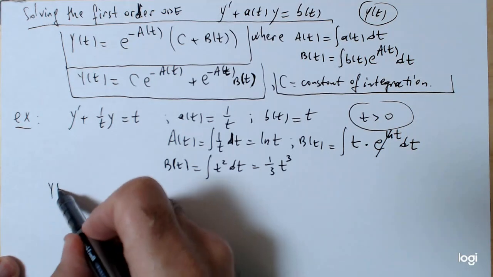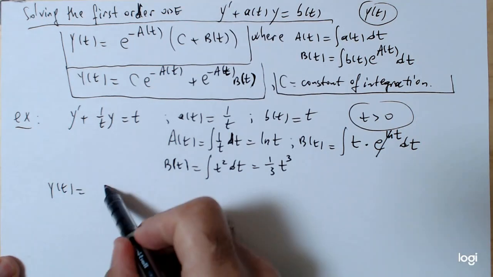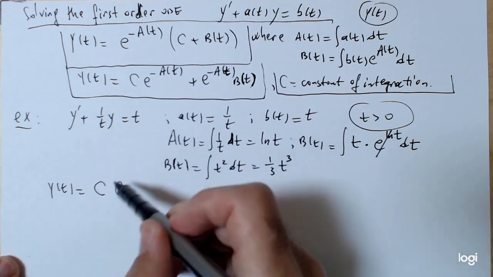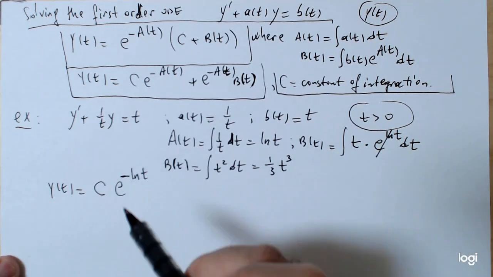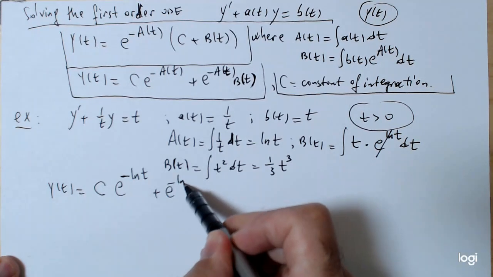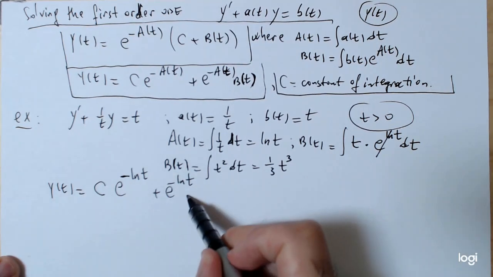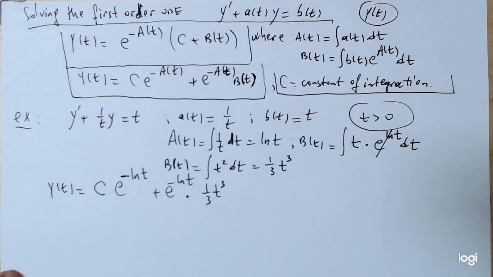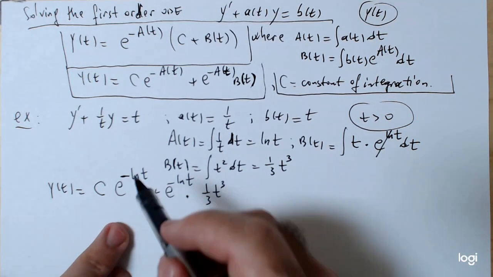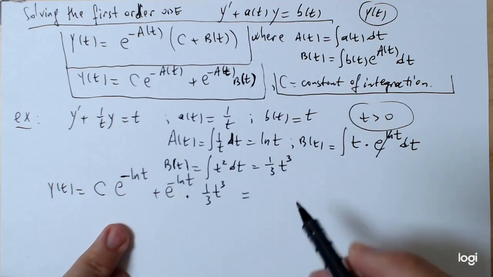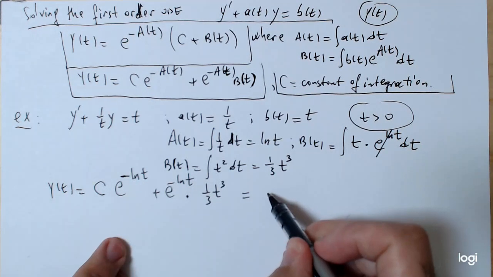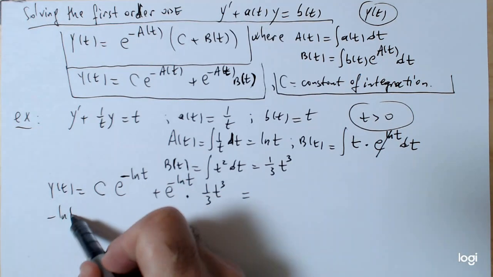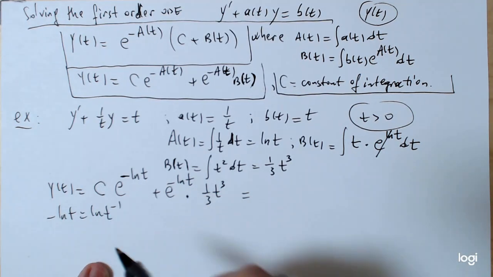So the full solution then, y of t is c e to the minus A of t, so A of t is ln of t, plus e to the minus ln of t times B of t, which is 1/3 t cubed. Now e to the minus ln of t, if you bring the minus inside, is 1 over t. Remember, minus ln of t is the same thing as ln of t to the negative 1.